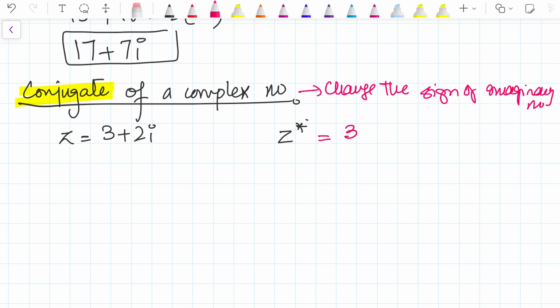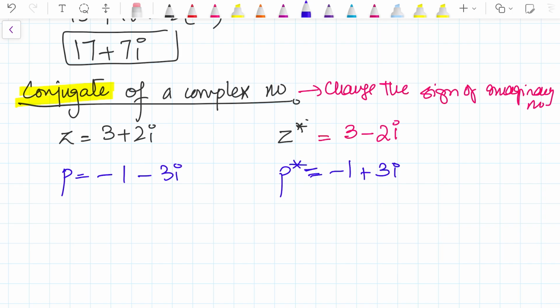Meaning 3 minus 2 iota. It's fixed, 3 minus 2 iota. P is equal to minus 1 minus 3 iota. So P star is going to be minus 1 plus 3 iota. Fixed. Okay, just change the sign of the imaginary number. That's called the conjugate of a complex number.